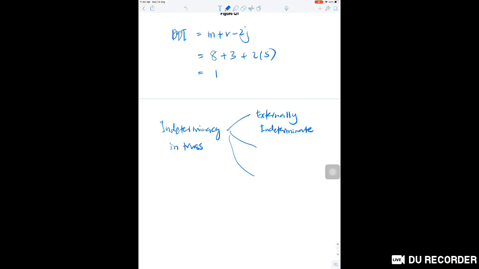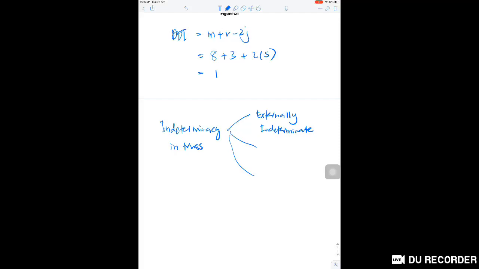Externally means the redundant is come from reaction. This is because reaction can be calculated. The reaction at the support can be calculated using all external loading that is subjected into the truss.